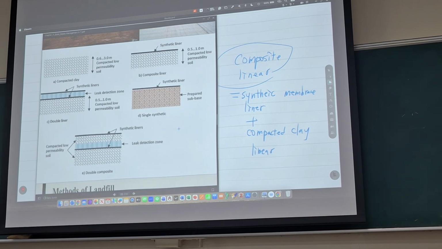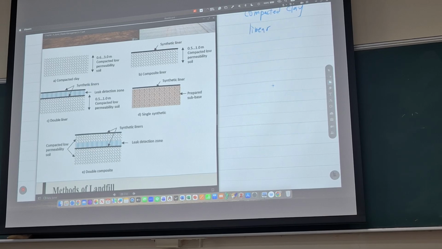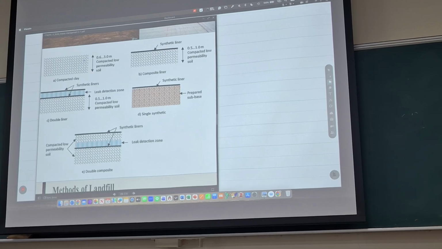Okay, so in the next slide I'm going to show you what kind of liner you can choose. Okay, so A is a compacted clay liner. Usually it's around 0.6 to 3 meters thick.